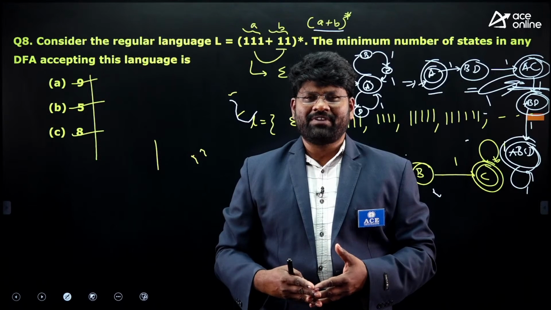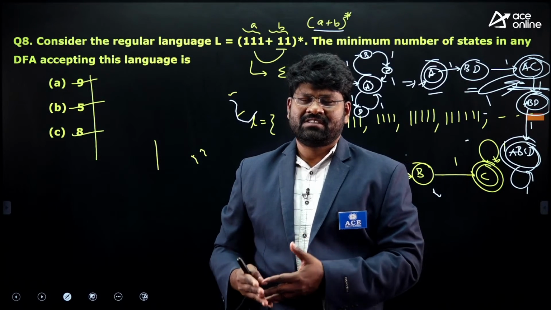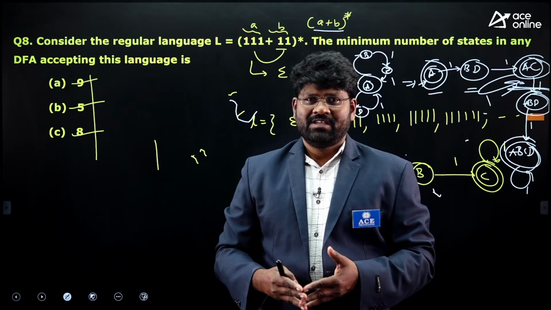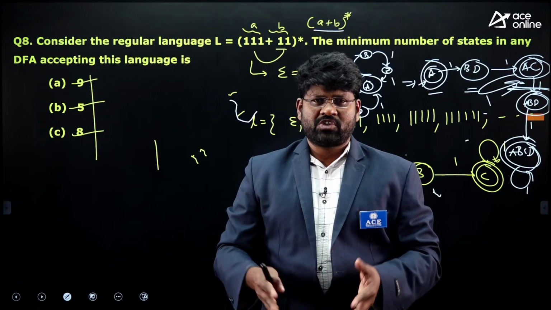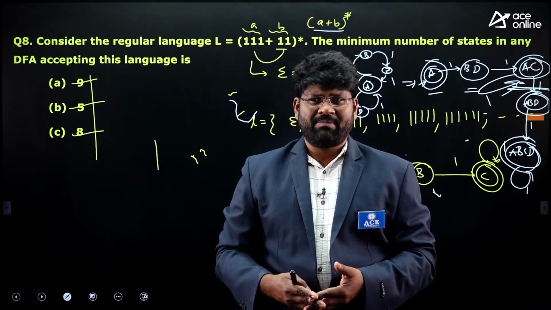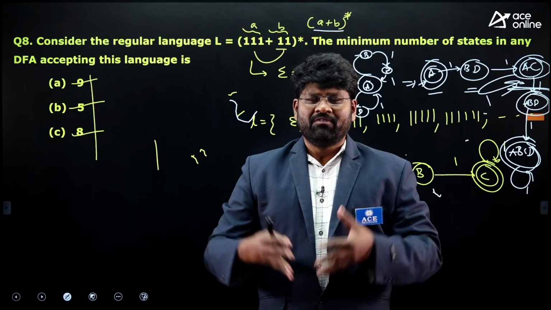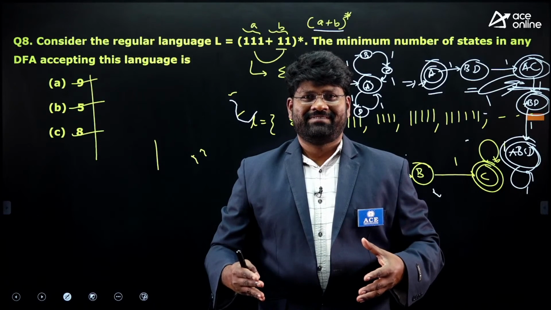You identify some of the questions like: set of all strings over 0, 1 such that the third symbol from the right-hand side is 1, such that the third symbol from the left-hand side is 1; length of the string is divisible by n; number of a's divisible by n and number of b's divisible by m. For all such standard questions, your answers must be always on your fingertips.